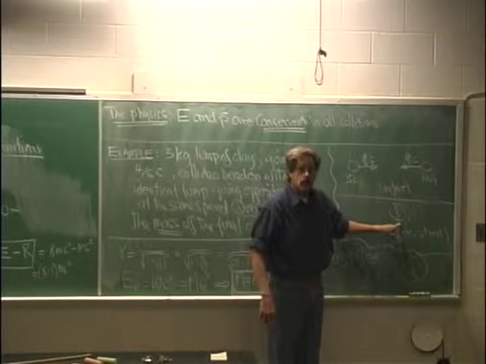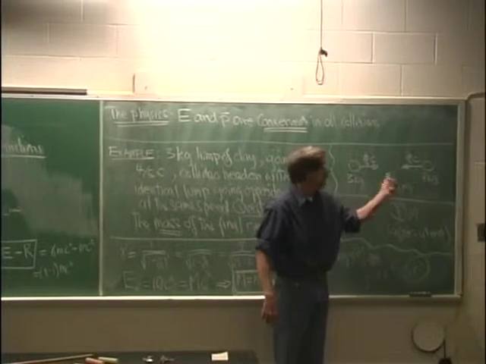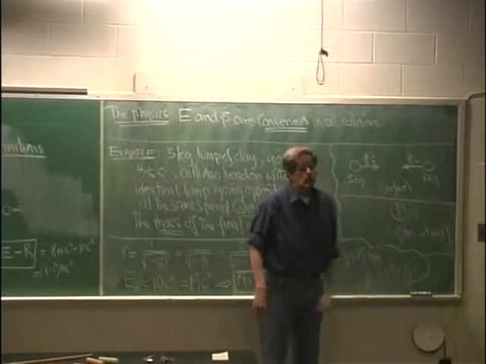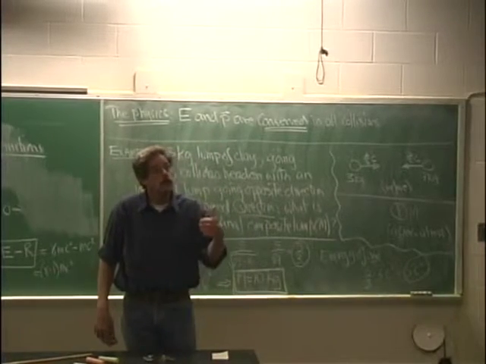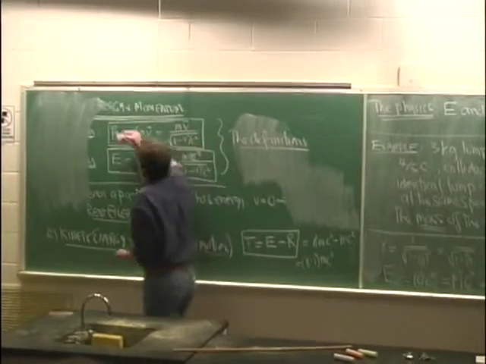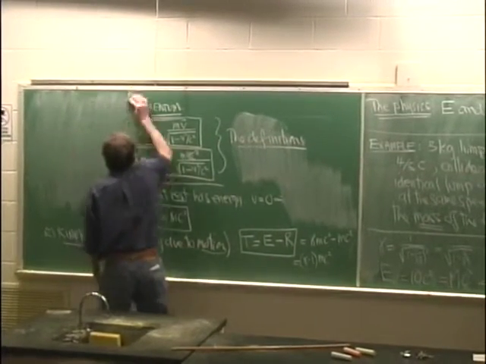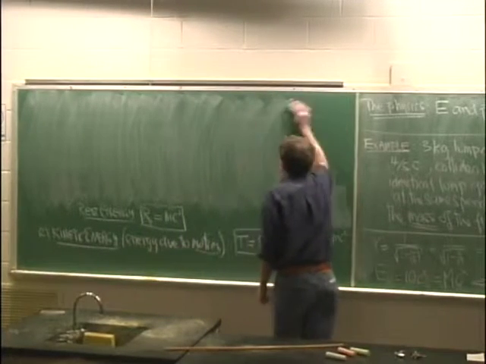This one has more rest energy, more mass, mc squared. So this has more mass, less kinetic energy. This has more kinetic energy, therefore less rest energy, less mass. So you can convert rest energy into kinetic energy, or vice versa, no problem. But don't tell people you convert mass into energy, that's just stupid.